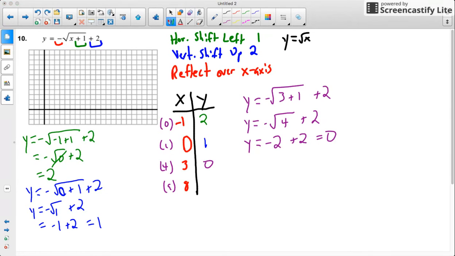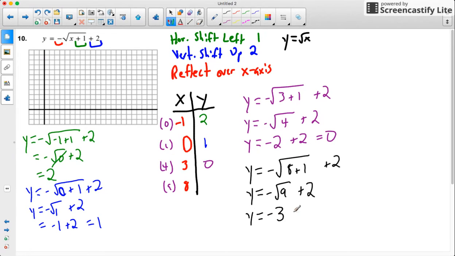And finally, let's do the last one. So we have y equals the negative square root of 8 plus 1, all that plus 2. So y is going to equal negative square root of 9 plus 2. Square root of 9 is 3, so this is going to be a negative 3 plus 2, which is equal to negative 1. So here are my 4 points.